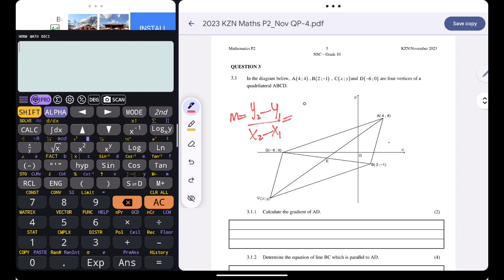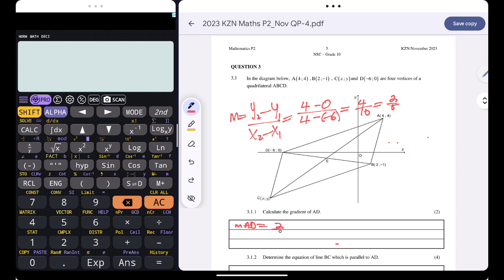I can just take the y value at point A minus the y value at point D, all over the x value at point A minus the x value at point D. Then I'll get 4 over 10, which is 2 over 5. So the gradient of line AD is just 2 over 5.